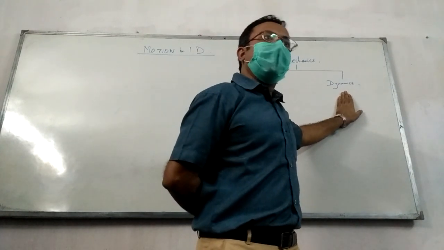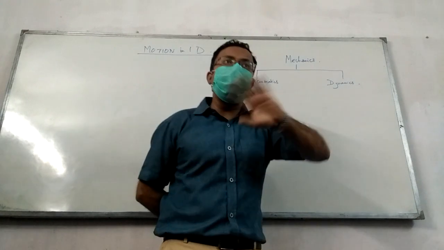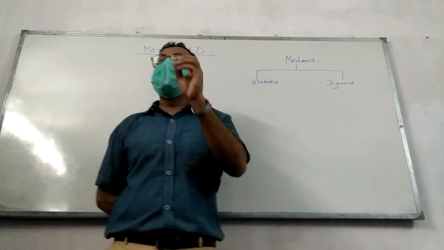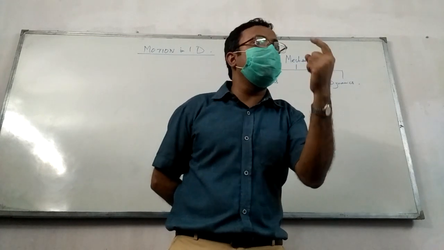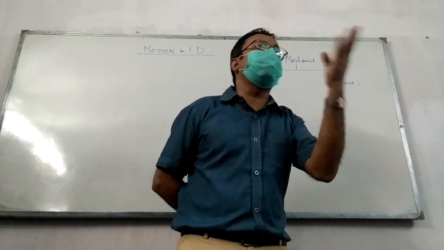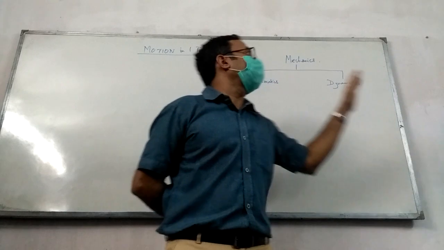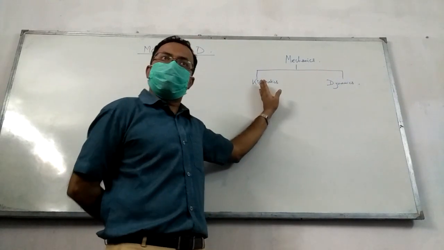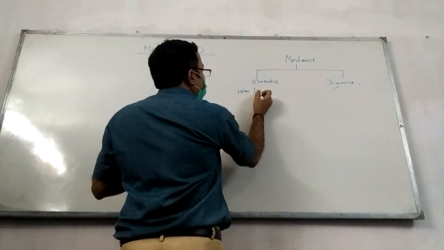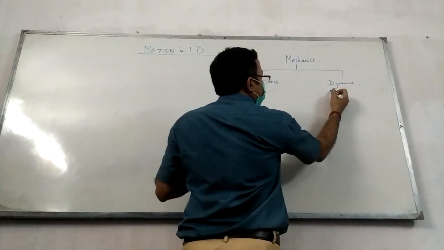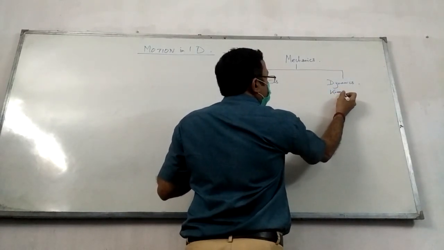But prior to that, when you are making only calculations with the motion variables, what are the motion variables? Displacement, velocity, acceleration, time. All these things are kinematics. Is that clear? So this is know-how and this is know-why.